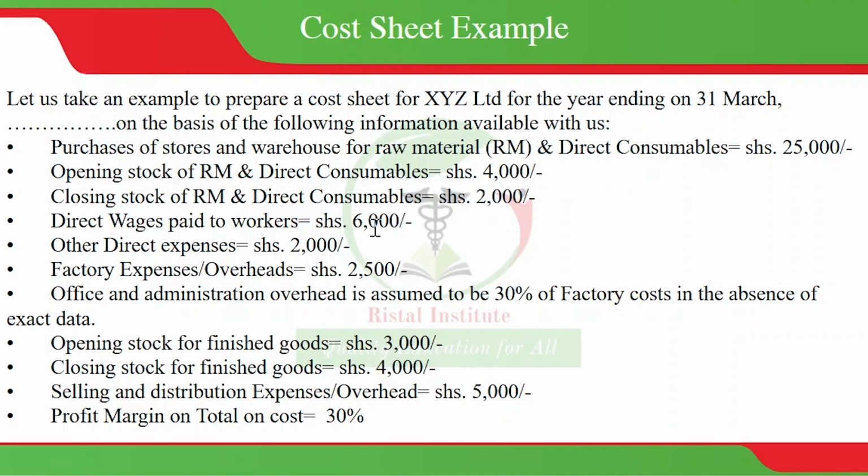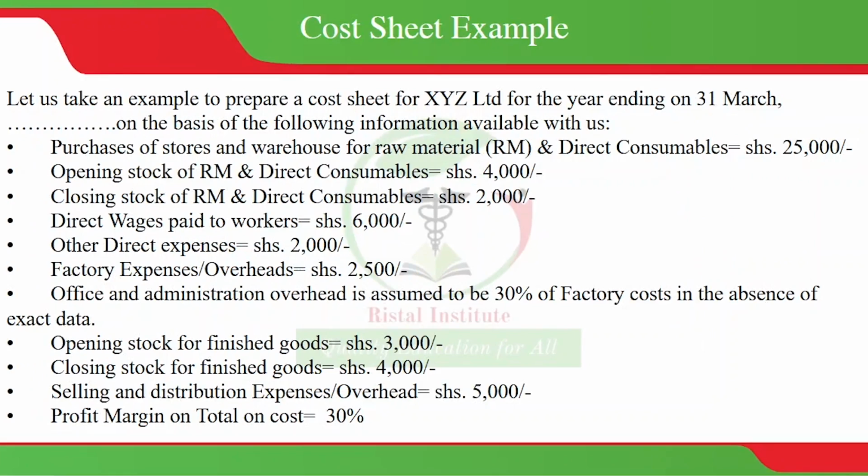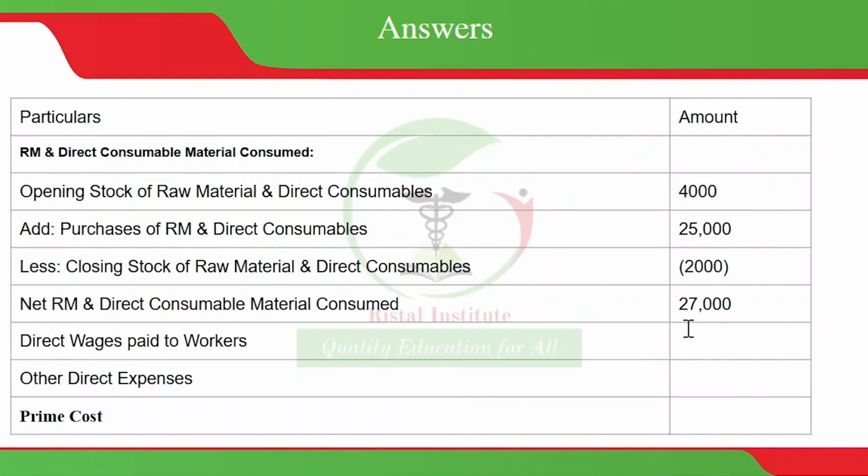These are direct labor, and remember in our format we say that we add direct labor. So direct wages are under direct labor. The amount was 6,000, so you add 6,000.